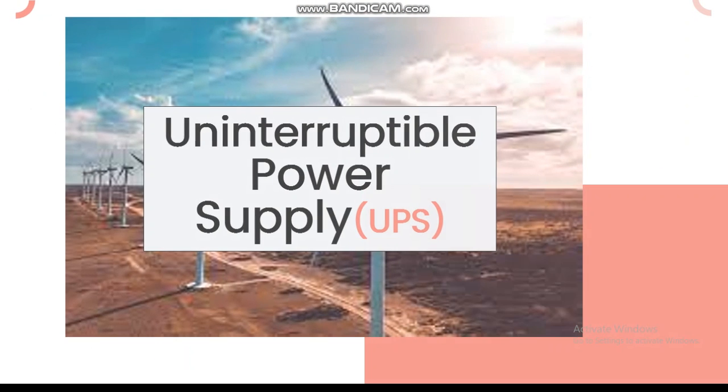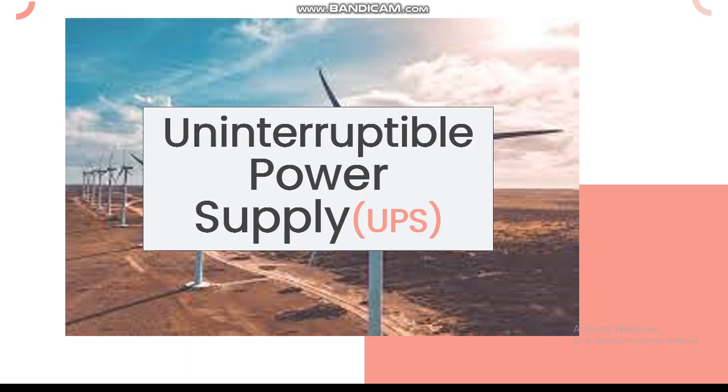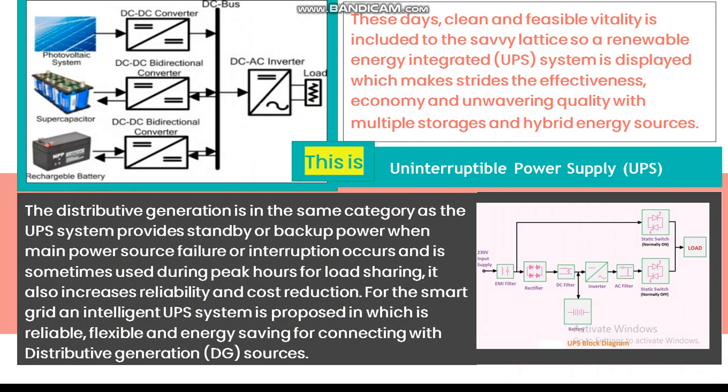So next, we move to uninterruptible power supply, which is the stand for UPS. These days, clean and feasible energy is included to the utilities, so a renewable energy integrated UPS system is displayed, which improves the effectiveness, economy, and reliability with multiple storage and hybrid energy resource.